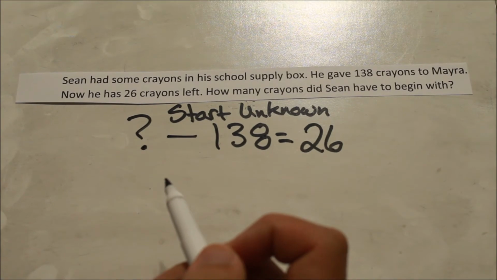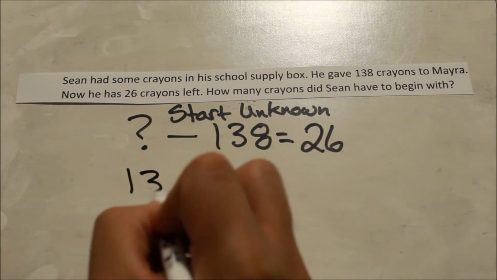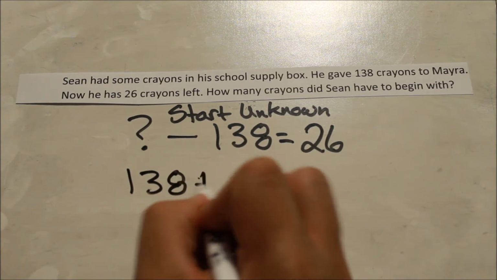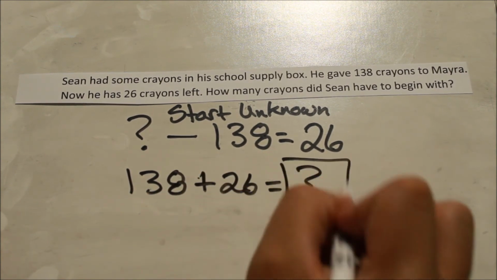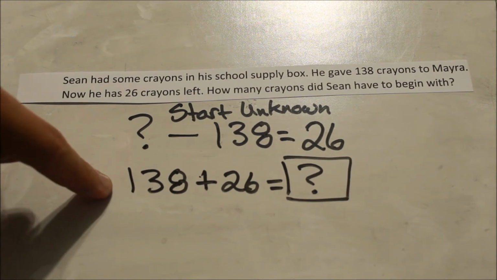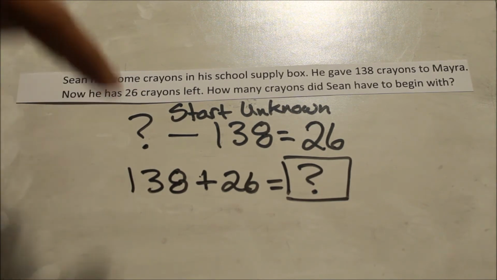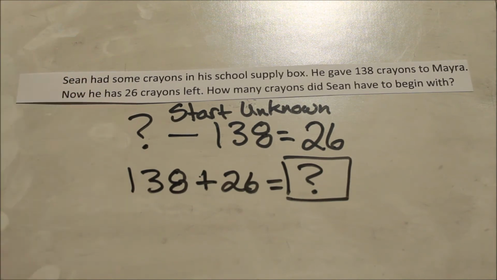I would have to do the opposite of my equation, which is 138 plus 26, and that would give me how much he originally had in his crayon box. This is how I would find the answer for the missing number. This is how I would represent the equation. Let's look at the next one.